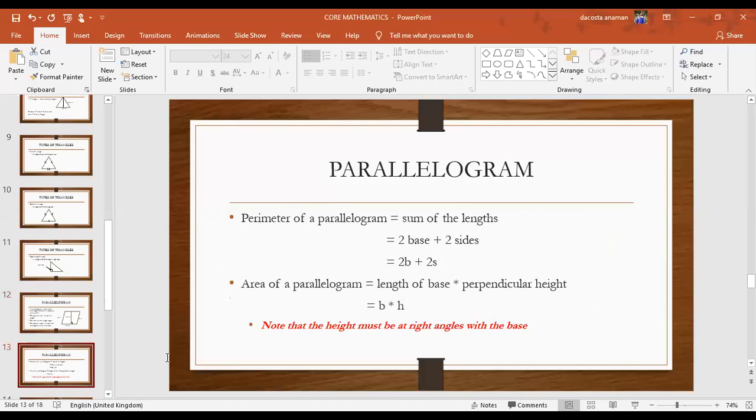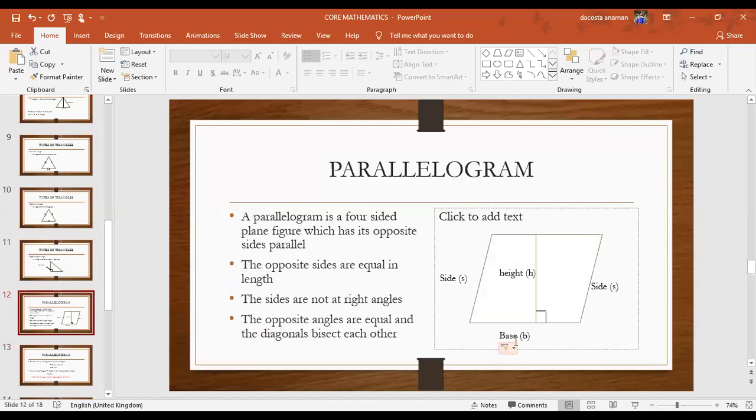Therefore, the perimeter of a parallelogram is equal to the sum of all the lengths, two bases and two sides. Therefore, the perimeter is equal to 2 times the base plus 2 times the side. I hope you are getting it.